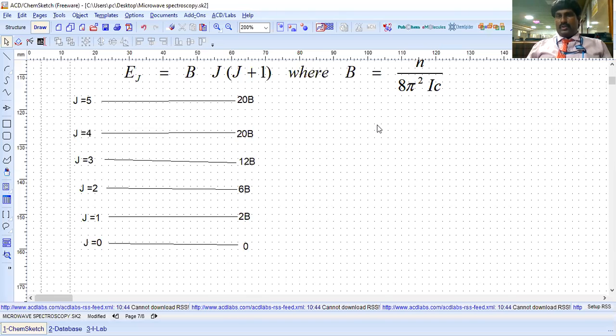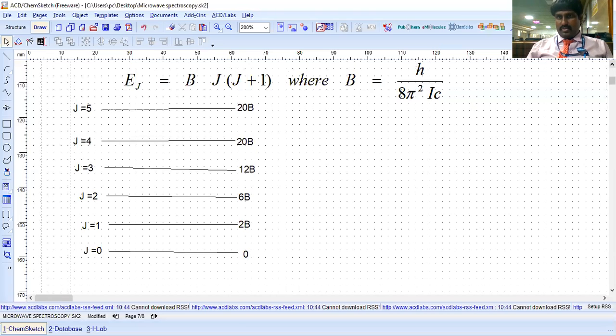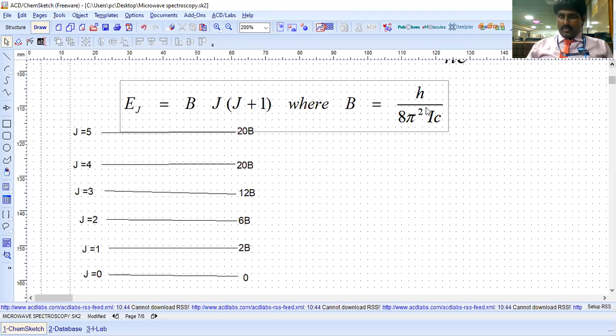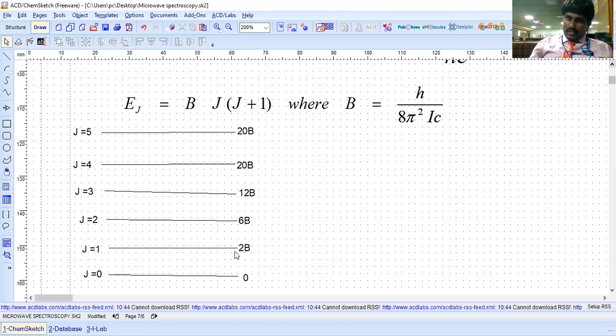Now we know the formula, we know the h value, and we know the I value, that is mu R square, and we know the radius of the molecule that they will provide. We know the c value and we will find out the B. If we know B, we can find the difference between J1 and J0, between J2 and J1, between J3 and J2.